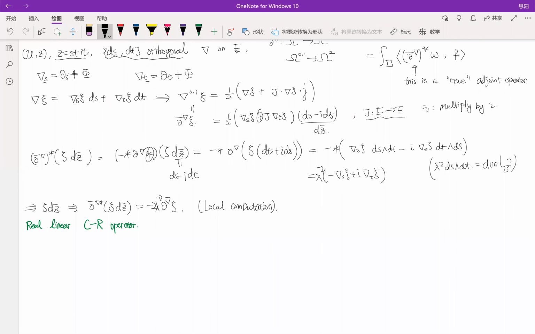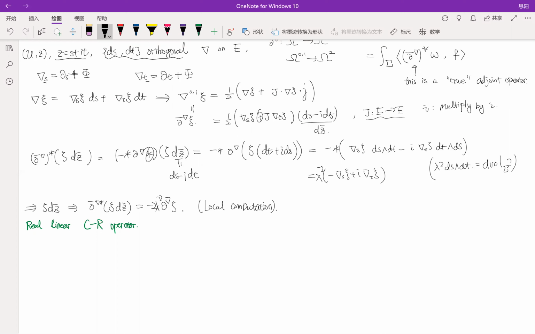It is real linear, not complex linear, because in our usage we are always linearizing a real operator, the nonlinear Cauchy-Riemann operator from a curve to some symplectic manifold.